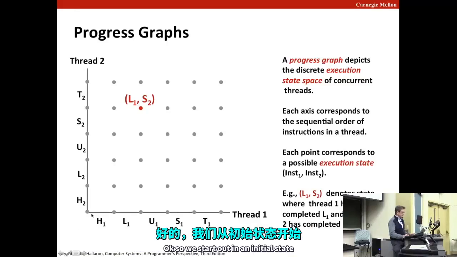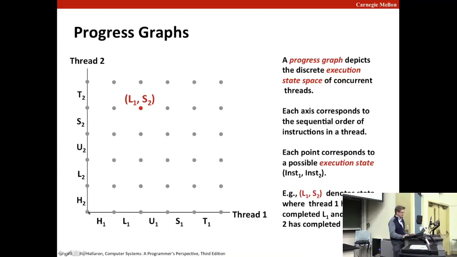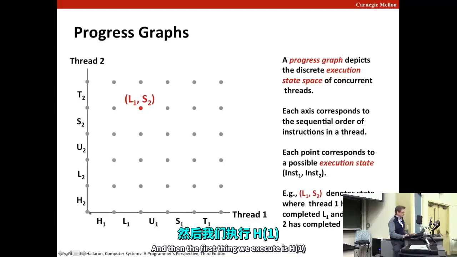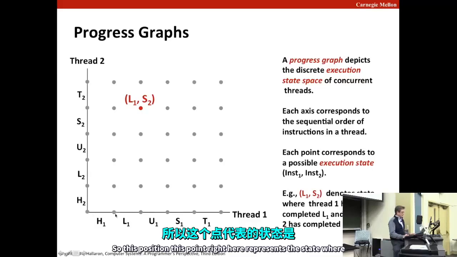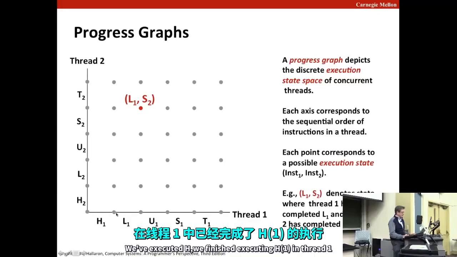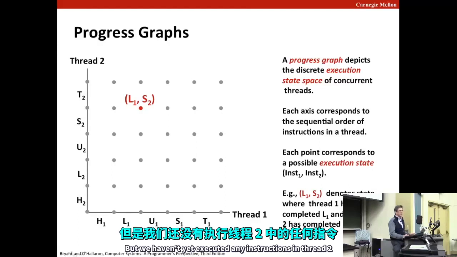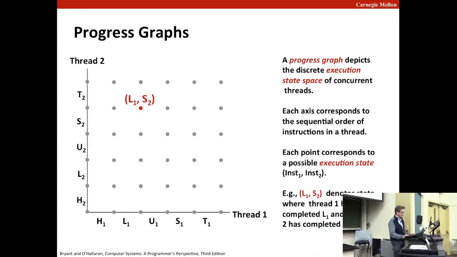Okay, so we start out in an initial state, and then the first thing we execute is H1. That's represented by this arc here. This point right here represents the state where we finished executing H1 in thread 1, but we haven't yet executed any instructions in thread 2.